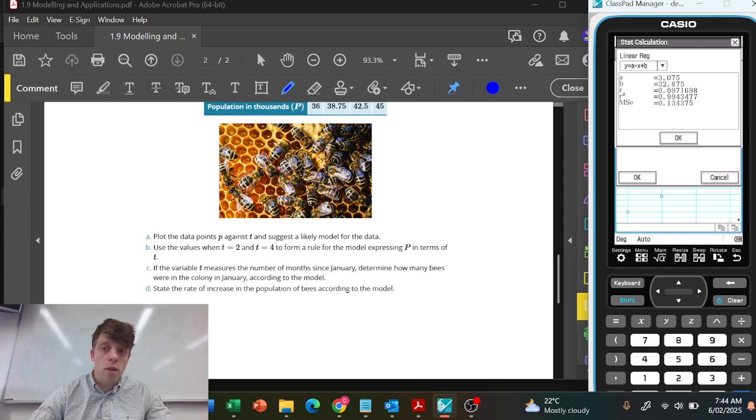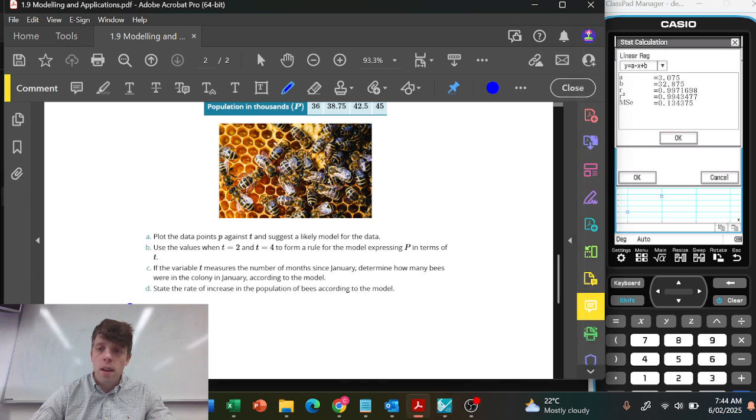We just need to make sure that we get everything correct here. So first up, remember that y is P. Then we have a is 3.075, and that's being multiplied by T. And then we have plus 875. That would be our equation.